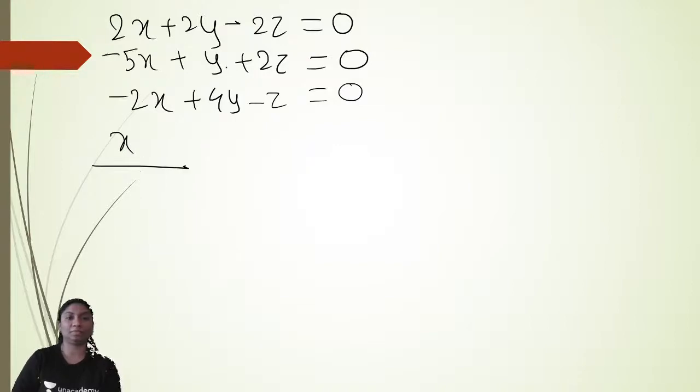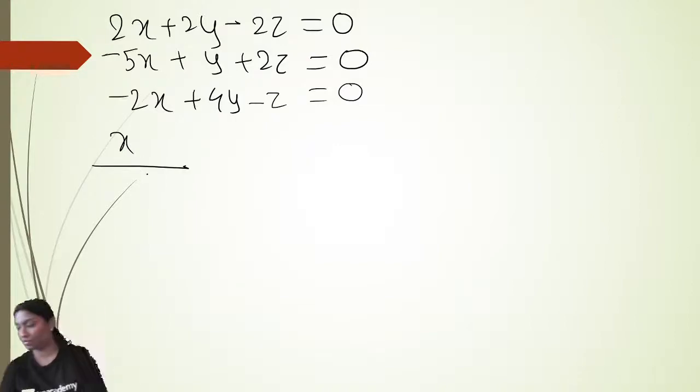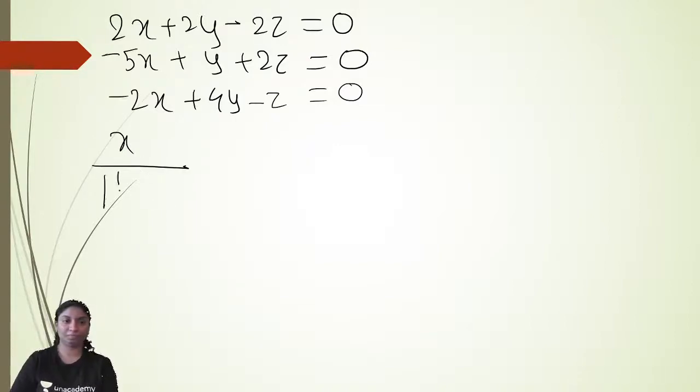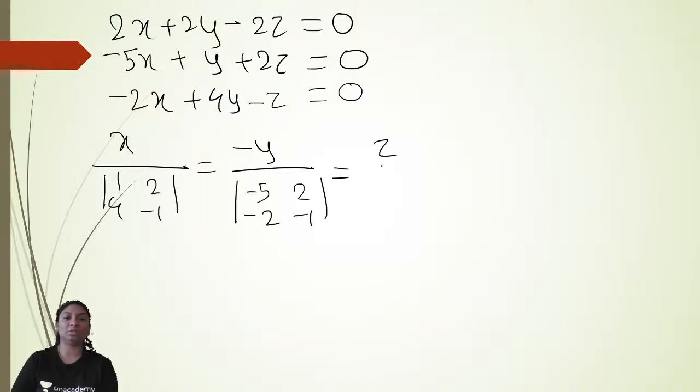x upon, I'm taking these two equations, so the determinant of 1, 2, 4, minus 1, is equal to minus y upon the determinant of minus 5, 2, minus 2, minus 1, is equal to z upon the determinant of minus 5, 1, minus 2, 4, is equal to k.